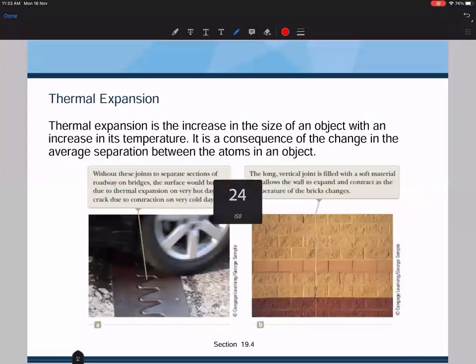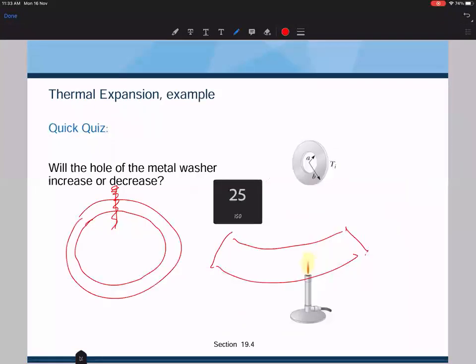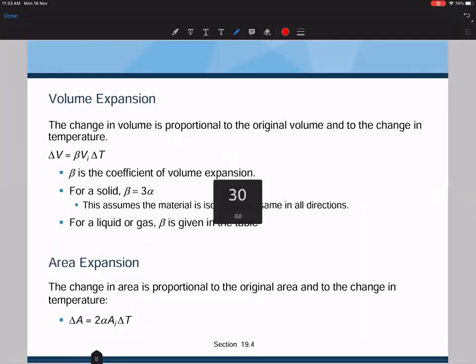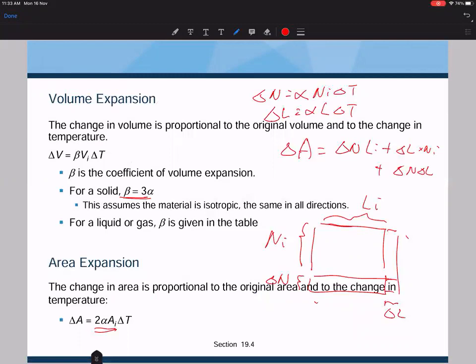We also talked about a phenomenon related to temperature, and that is thermal expansion. Whether it's solid, liquid, or gas, you would have expansion of the material with increasing temperature. Depending on whether you are measuring in 1, 2, or 3 dimensions, you would have the linear expansion coefficient, the area expansion coefficient, or the volume expansion coefficient.